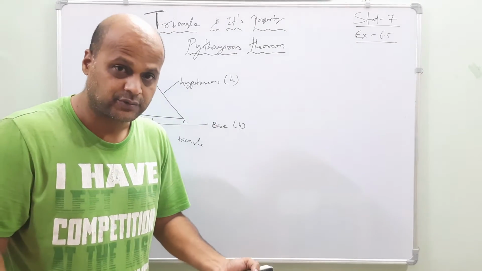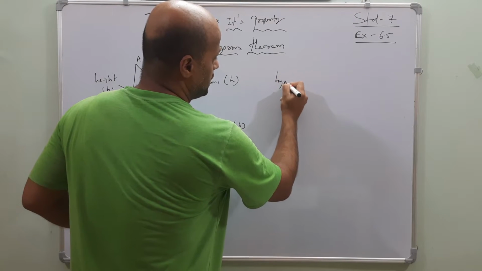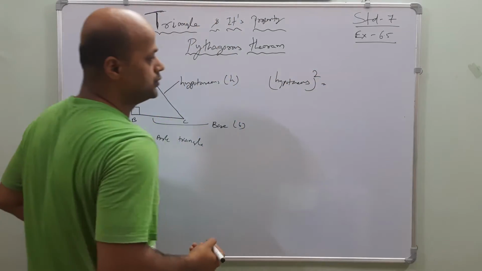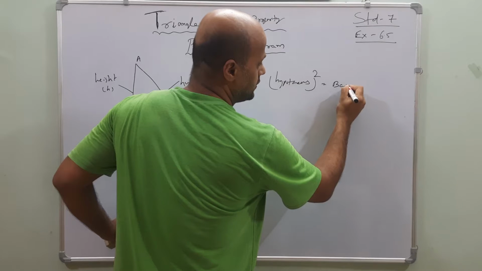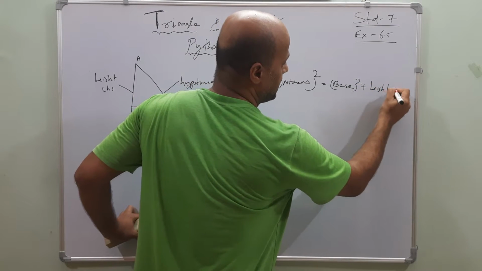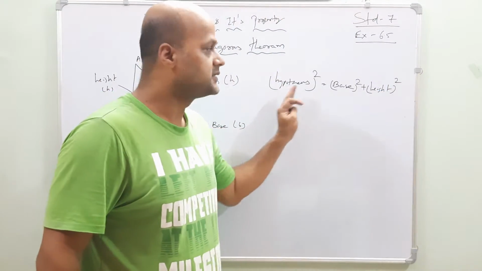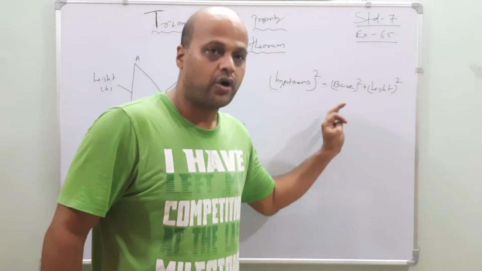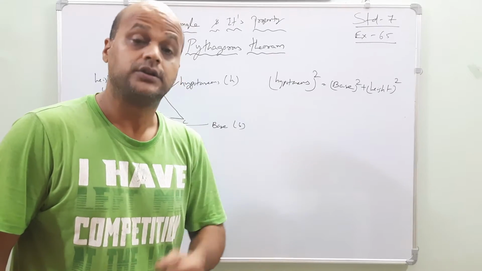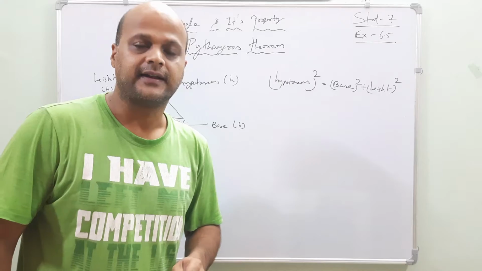It says that hypotenuse square is equal to base square plus height square, or you can say that hypotenuse square is equal to the sum of the squares of the two legs of the right angle triangle.